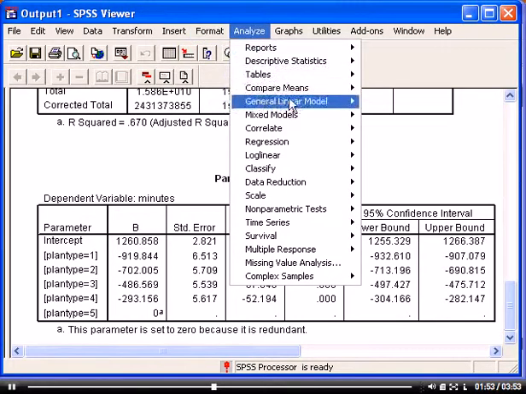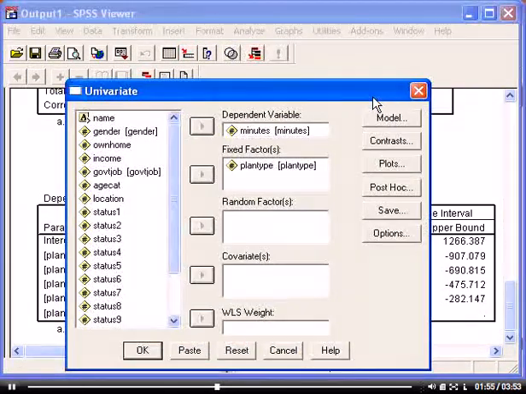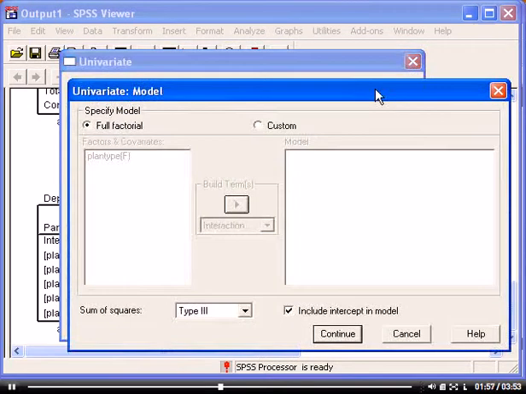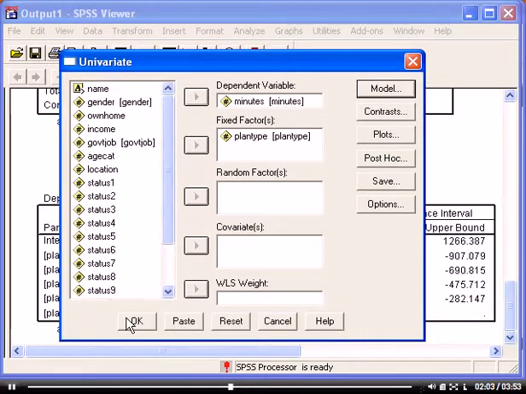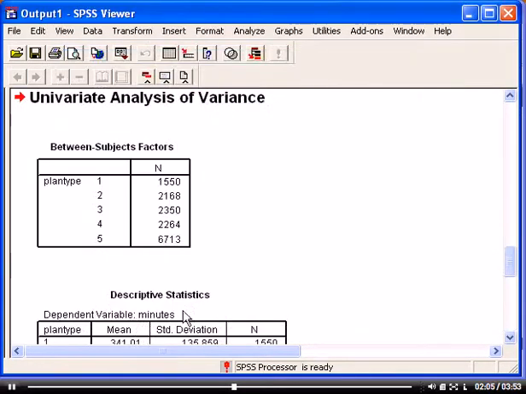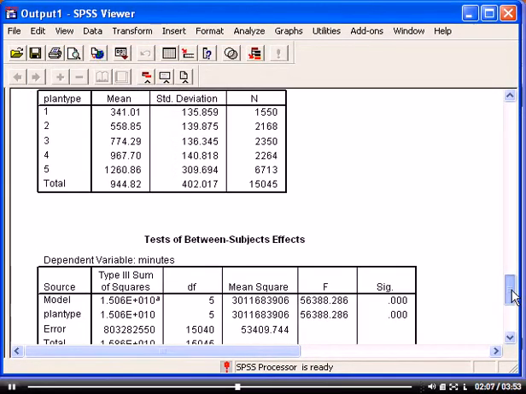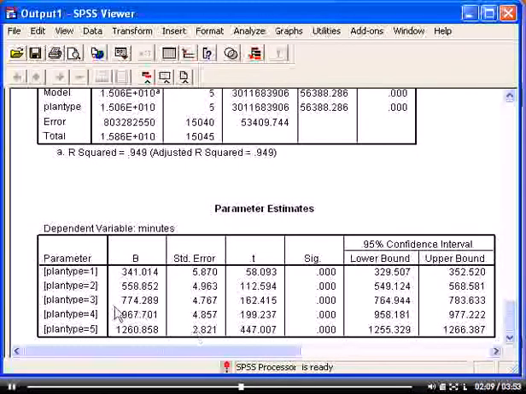Now if I go to the general linear model again, I can remove the intercept. I'm going to unclick include intercept, click continue, and press OK. And now what I have is, for each plan type, the parameter equals the mean of the plan type. See 341.014.